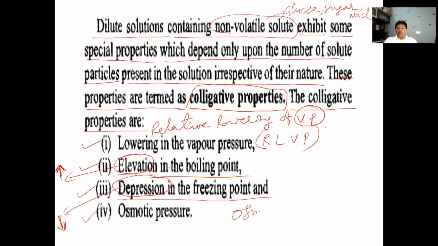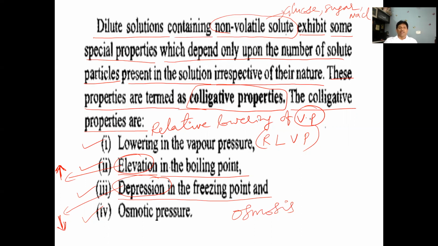Osmosis means the movement of solvent particles from a lower concentration region to a higher concentration region. That phenomenon is called osmosis.